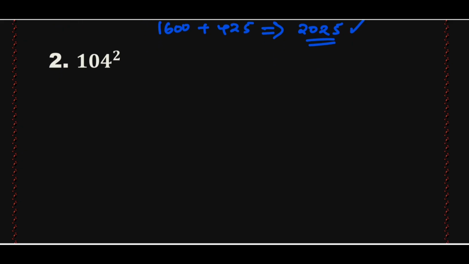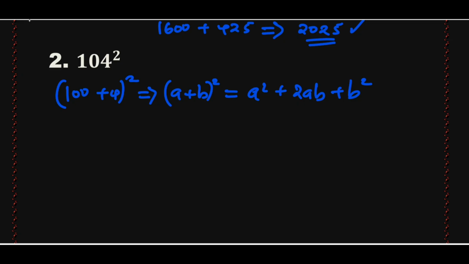The next is 104 squared. Again, this can be expressed as 100 plus 4 squared, since 100 plus 4 is 104. This is similar to the identity a plus b squared, which normally gives us a squared plus 2ab plus b squared. So where there is a, replace with 100. We shall have 100 squared plus 2 by a, which is 100, by b, which is 4, and then plus b, which is 4 squared. 100 squared is 10,000.